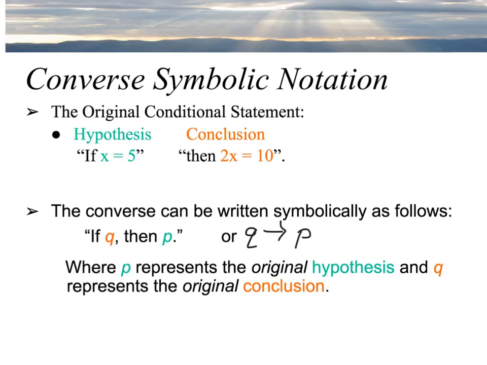When we write this symbolically, we're going to say if Q then P, or we could use the arrow Q to P. Now again, P still represents the hypothesis. Q represents the conclusion, and we're talking about the original hypothesis and conclusion, so from your original statement.